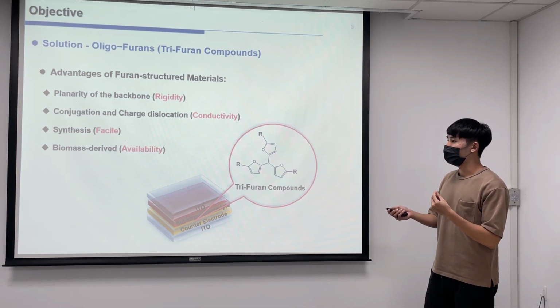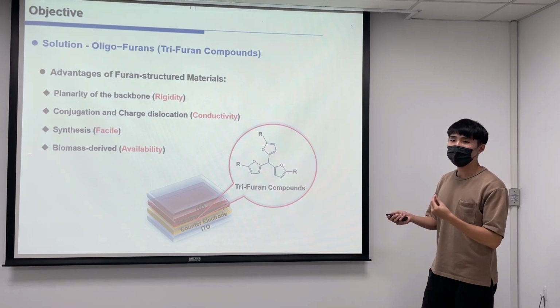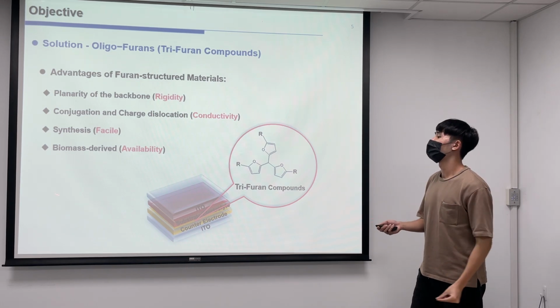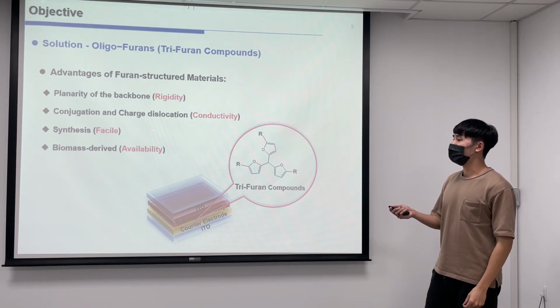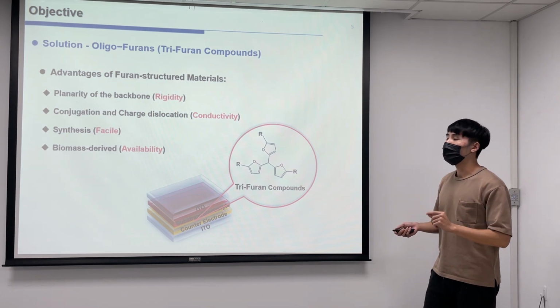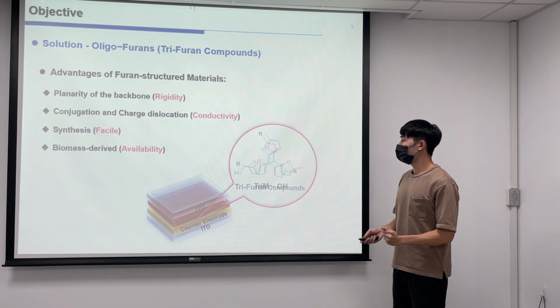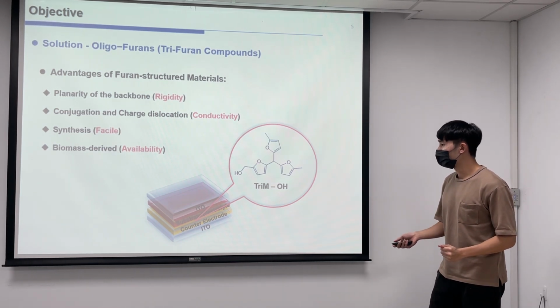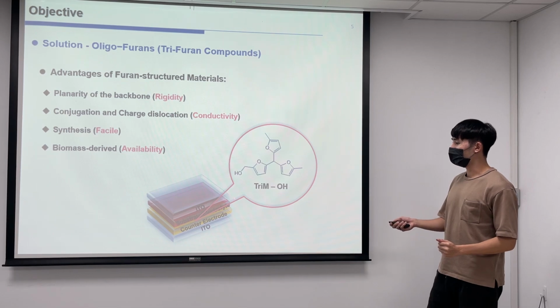What's more, it has a facile synthesis. When we say facile, it means easy and rapid. Last and most importantly, it comes from biomass, which makes it more eco-friendly. In today's talk, I would like to introduce one of them. It is called Tri-NOH. Later, I will explain what this device is about.